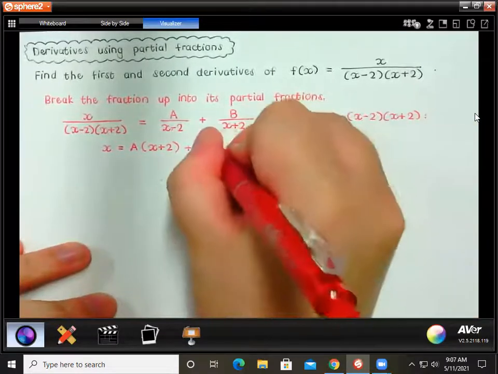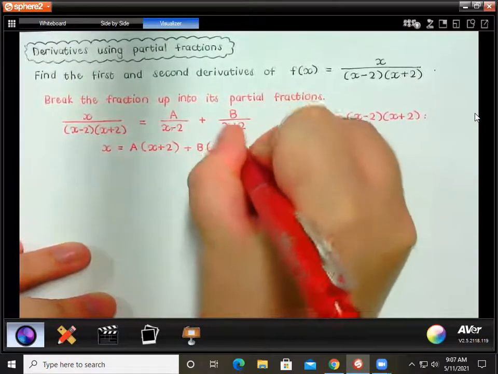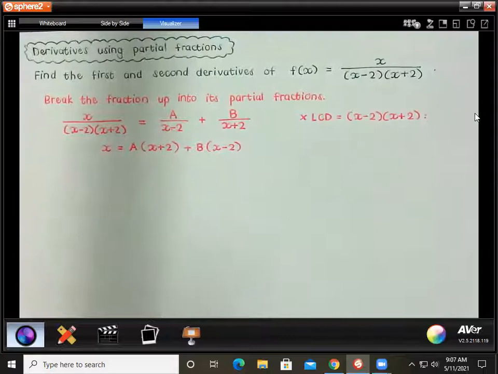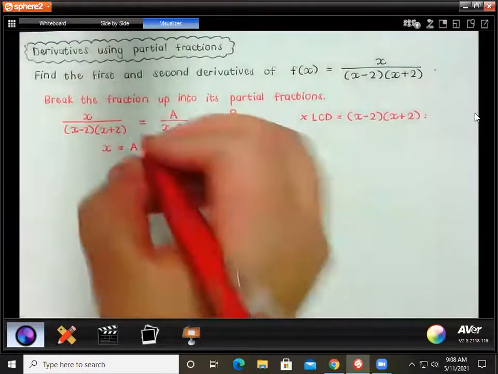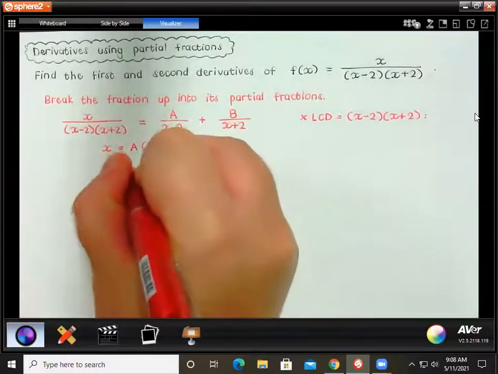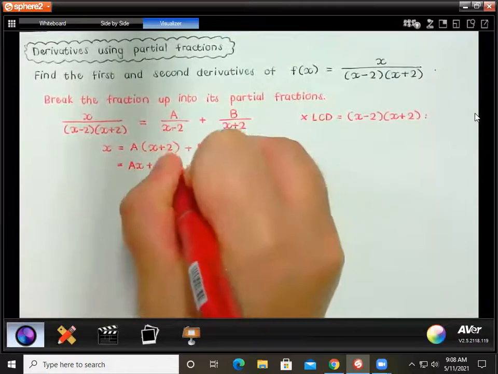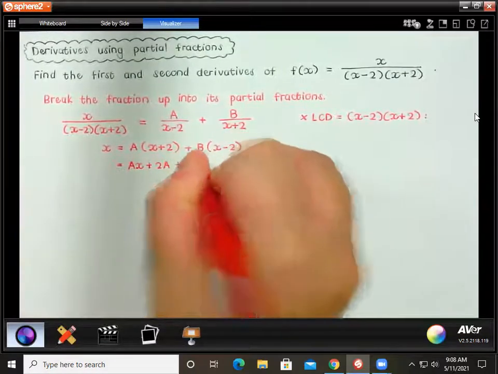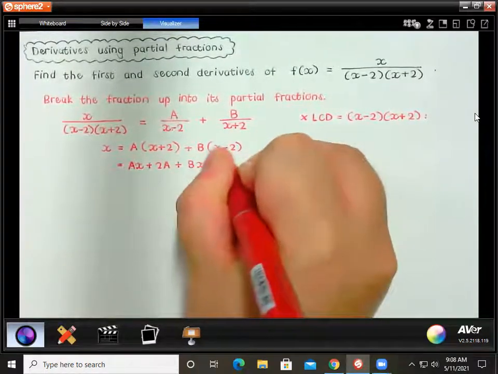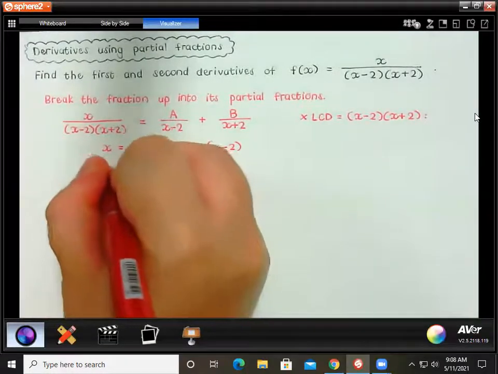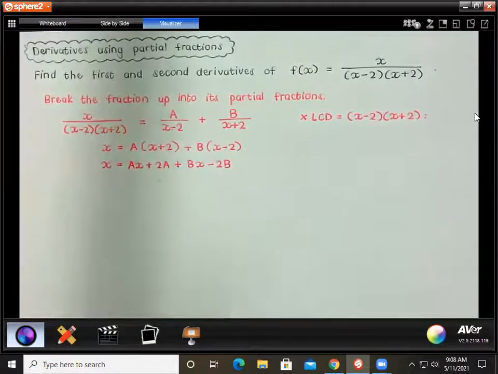So just the x minus 2 is going to be left. All right, then we're just going to multiply out that right-hand side. So we're going to have Ax plus 2A plus Bx minus 2B. I'll just rewrite that x. You don't have to rewrite it.